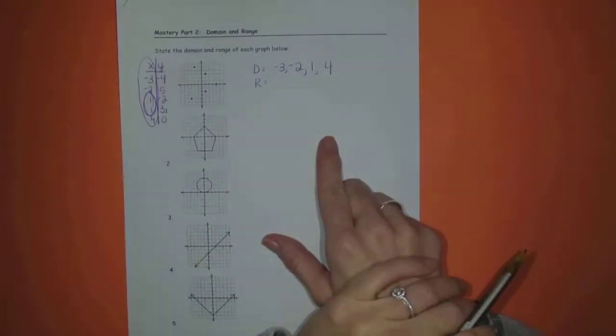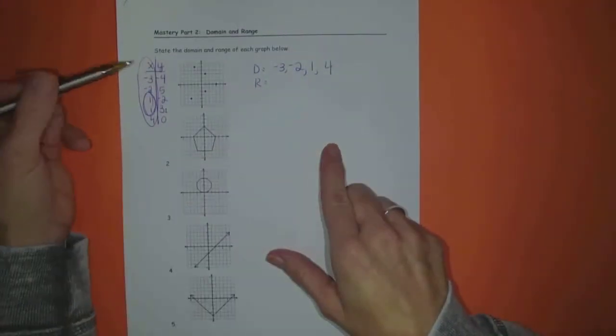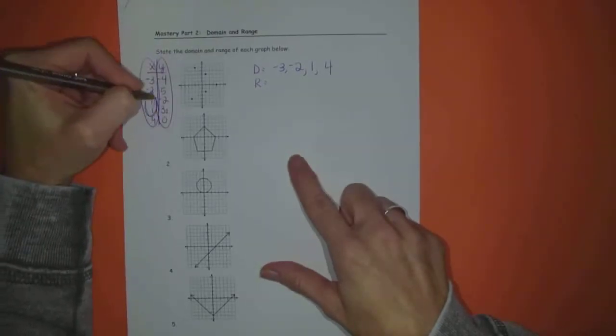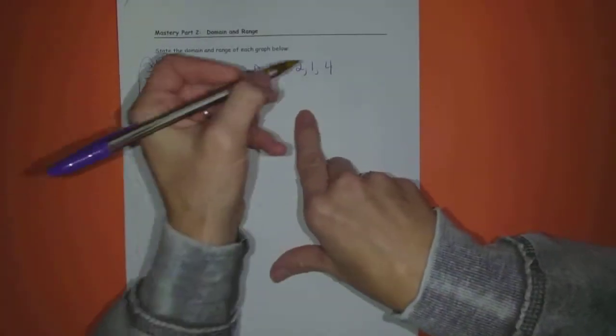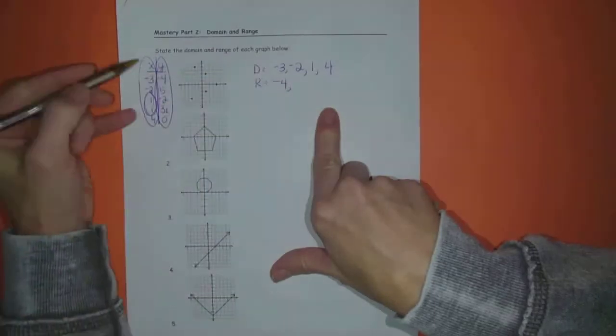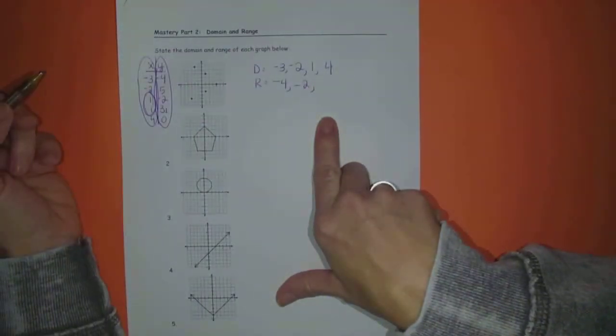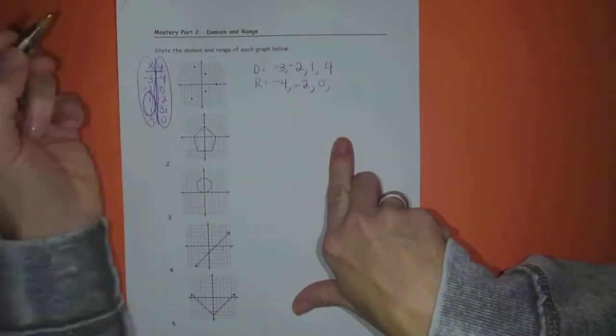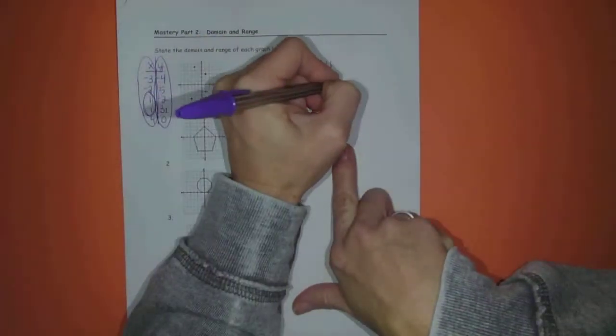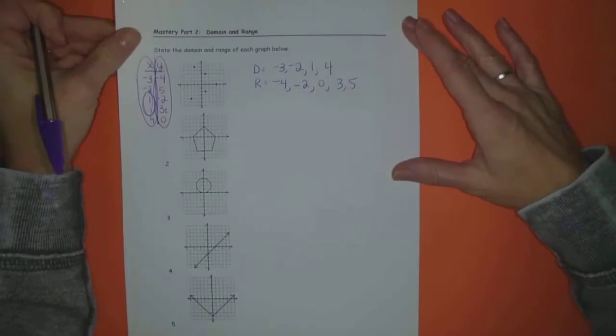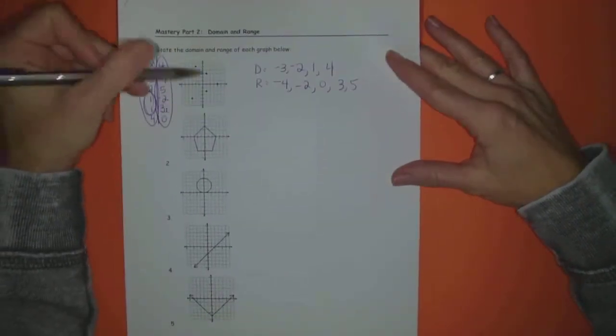We know there's an x value of 1 on our graph. And as for the range, I'm going to grab the y values. So from least to greatest, it looks like -4, -2, 0, 3, and 5. So that's pretty simple. And this is if you're given just a splash of dots.